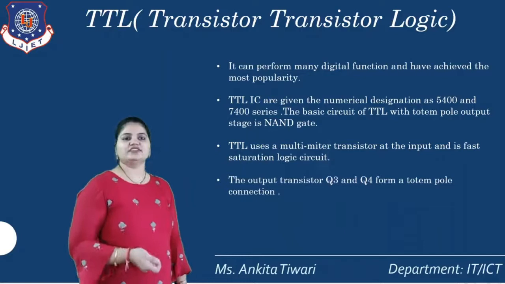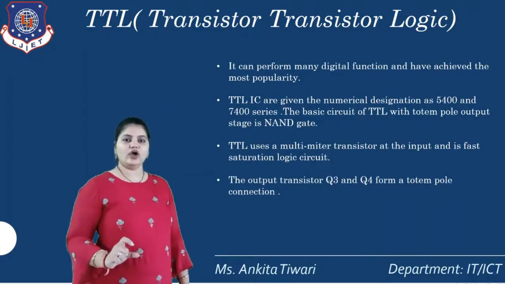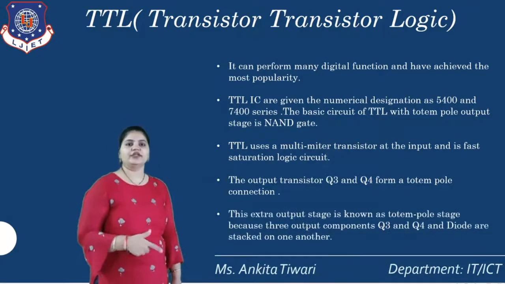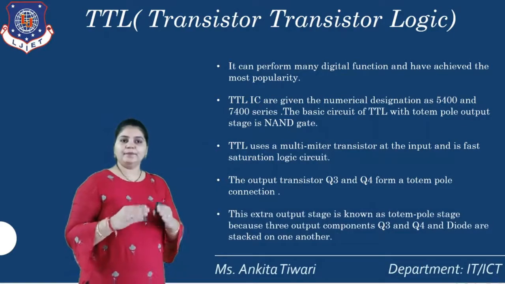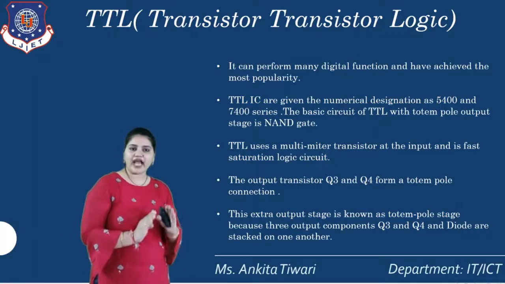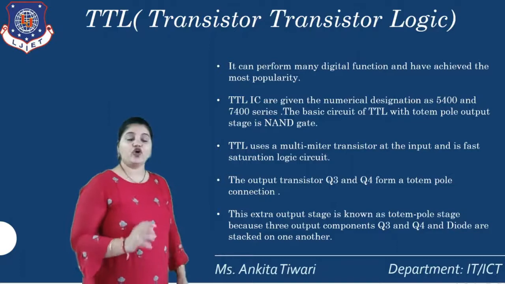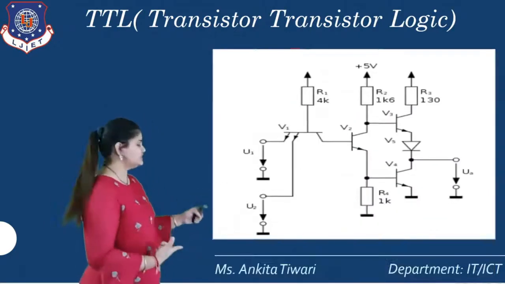Now, the output transistors Q3 and Q4, here we have taken with respect to the two outputs as Q3 and Q4, form the totem pole connection. This extra output stage is known as the totem pole circuit, because the three output components, that is Q3, Q4 and the diode, are stacked on one another in order to form the circuit. So this is the circuit, as you can see here.